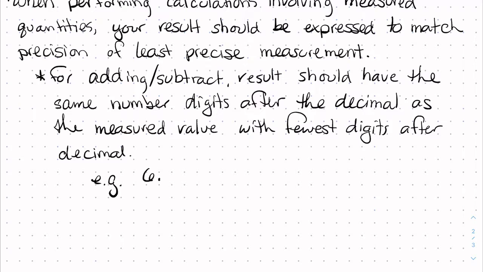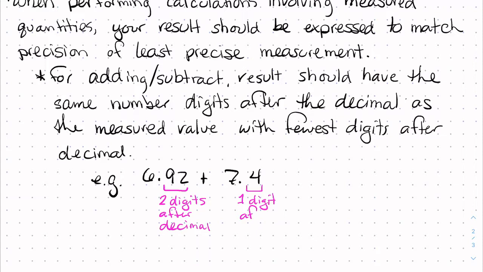So for instance, if we're doing 6.92 plus 7.4, our first number has 2 digits after the decimal. Our second number only has 1 digit after the decimal. So that means our final answer should only have 1 digit after the decimal. You always want to match whichever one is less.